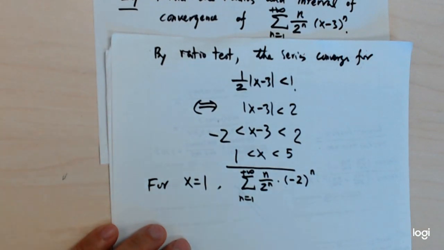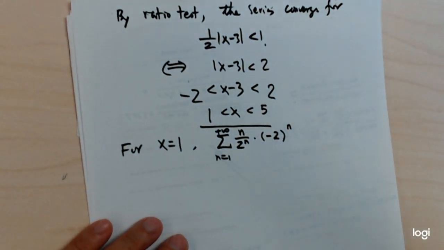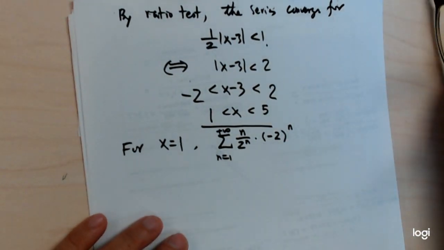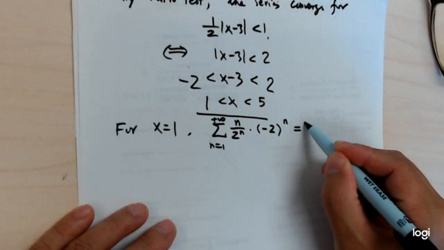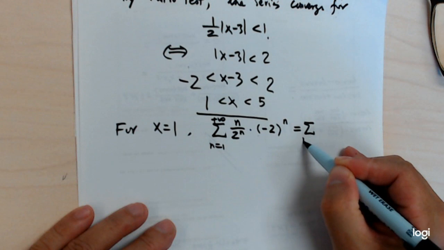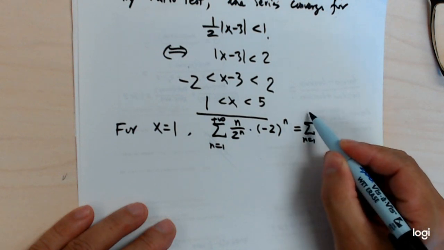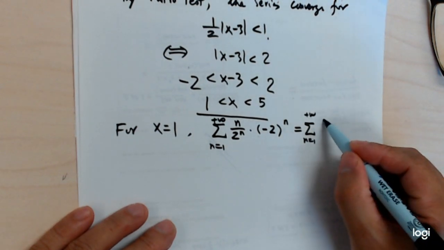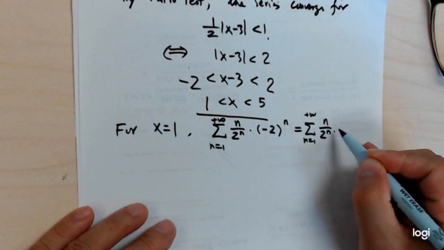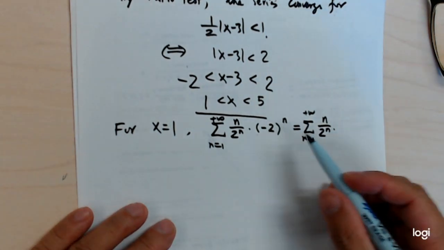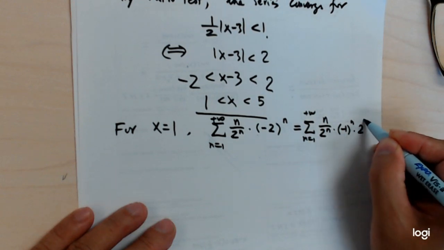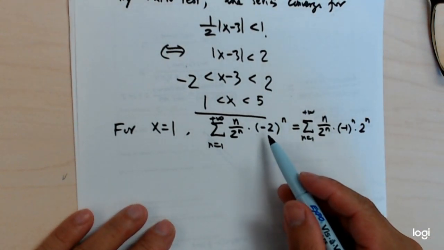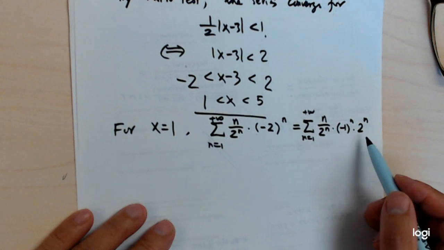So what do we know about this? Negative 2 to the n is the same as negative 1 to the n times 2 to the n, because negative 2 is negative 1 times 2.